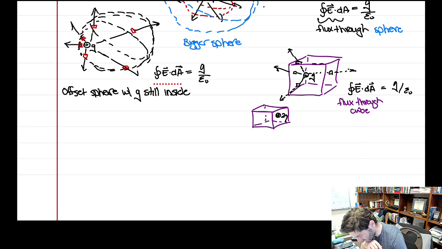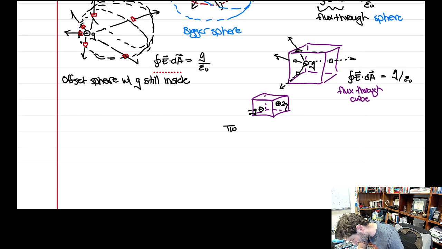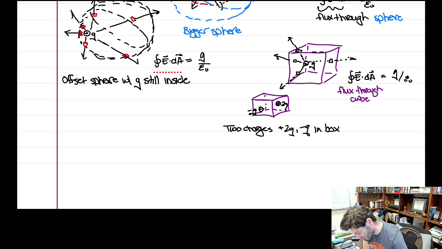And then there's another charge somewhere else in the box that is equal to negative Q. In this case, there are 2 charges, plus 2Q and negative Q, in the box. And again, to nail the point I'm trying to make, this happens to be the same box as above.